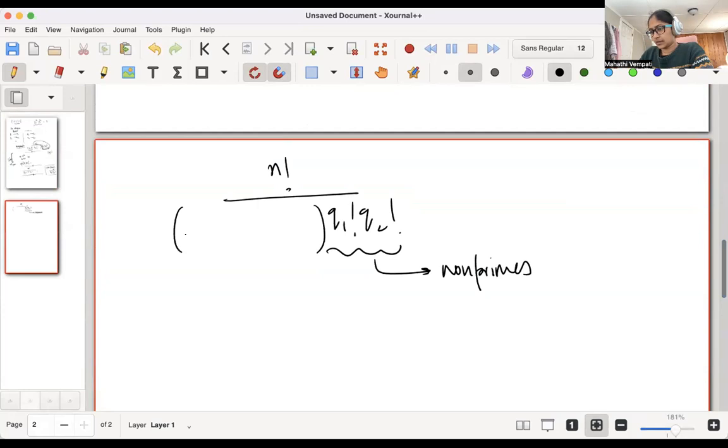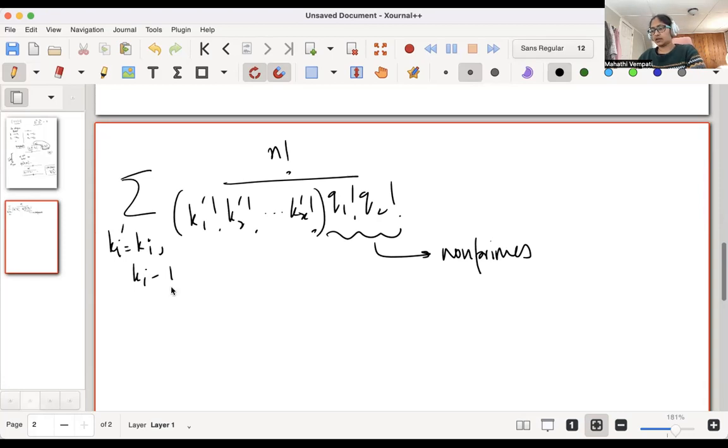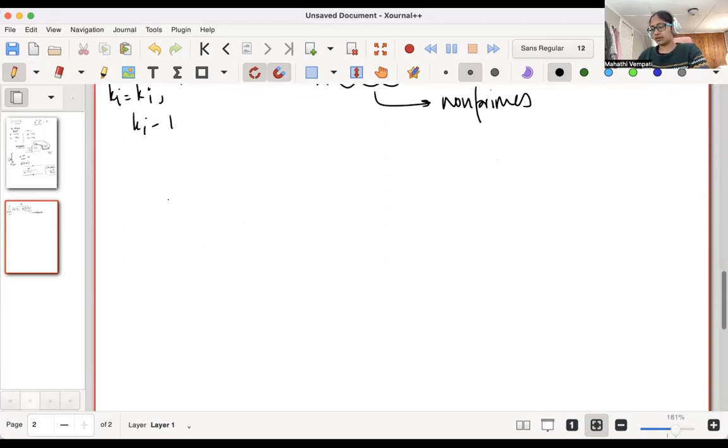And then for each of the primes, I think they wrote it best: k1 factorial, k2 prime factorial, and so on, up to kx prime factorial, with the sum over each ki being ki and ki minus 1, right? Minus 1.